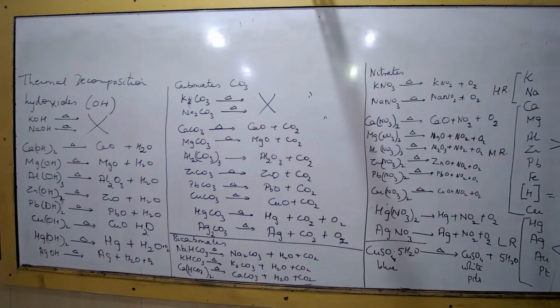And of course, brown fumes of NO2 are given out and oxygen is given out. Zinc nitrate, when heated, gives you yellow zinc oxide, which will remain yellow when hot and become white when cold, and gives out NO2 and oxygen.